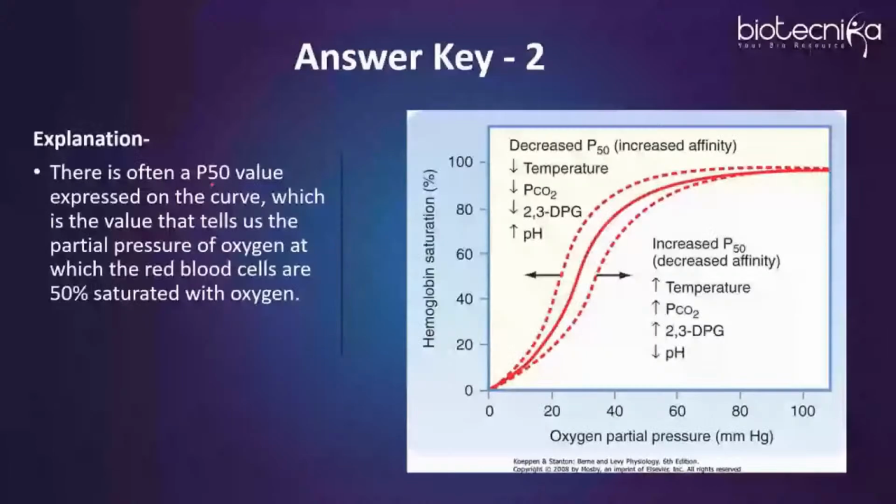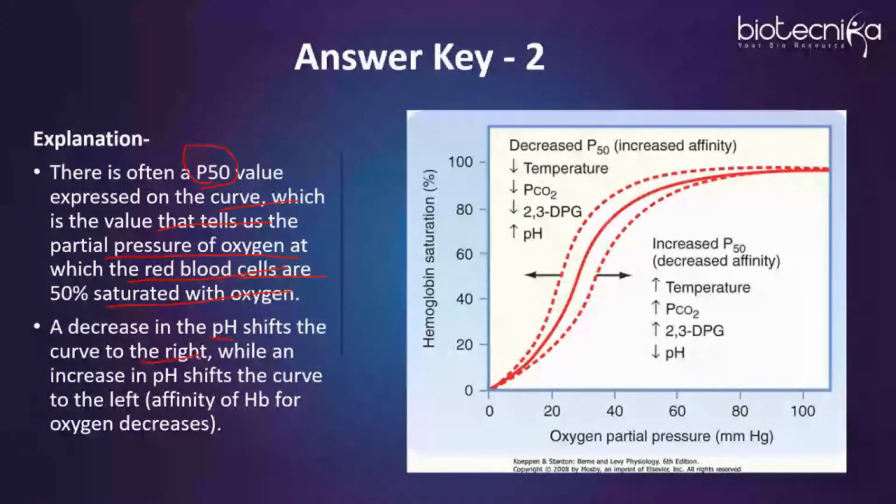P50 means how much concentration or partial pressure you require to get 50% binding. This is the value that tells us the partial pressure of oxygen at which red blood cells are 50% saturated with oxygen. Okay. So a decrease in pH shifts the curve to the right, but an increase in pH will lead to more affinity. So it will shift it to the left.